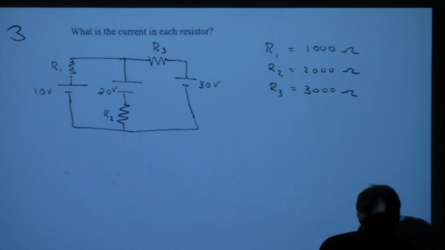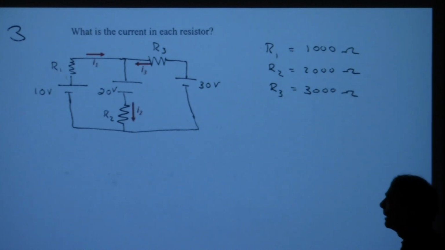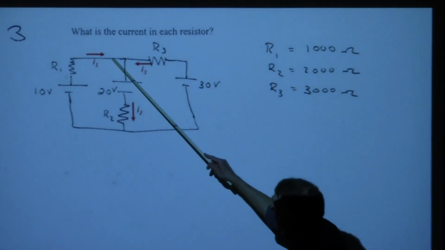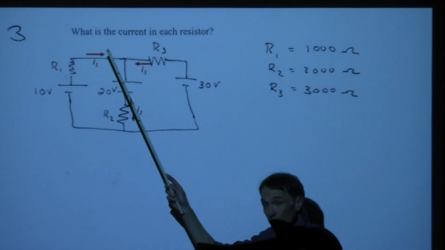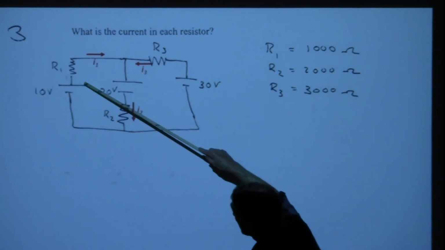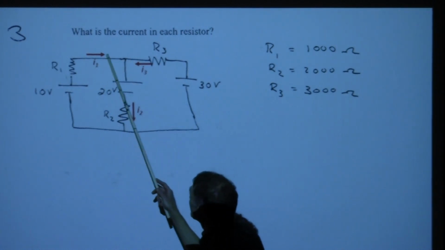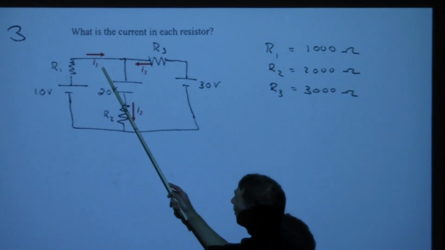Okay, so what we want to do first with this thing is, and when you get any kind of problem like this, assign currents through each branch. Now, this I1, I'm not sure which way the current's going to flow. Generally, this long side of the battery is the plus side, and we get current coming out of it. So I say, oh, that looks good. I'll just call that one I1.